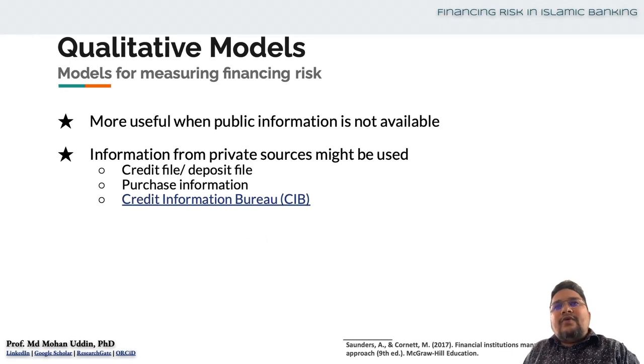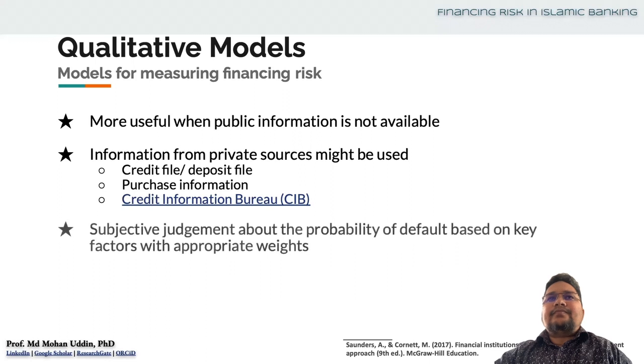I think all of you are quite familiar with this. Commercial banks, be they conventional or Islamic, can access information from the CIB. The Credit Information Bureau was established in Bangladesh by the Central Bank, Bangladesh Bank. You can get information about the customer, and it is very organized and very useful.